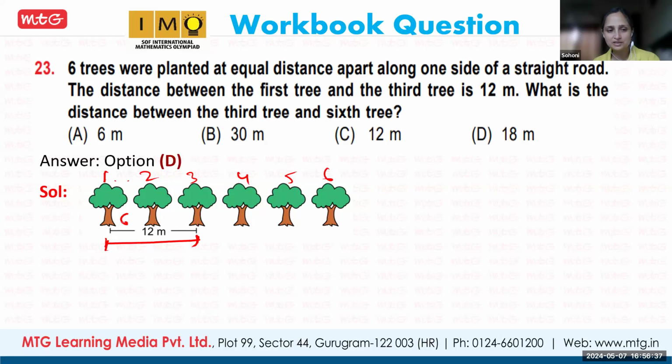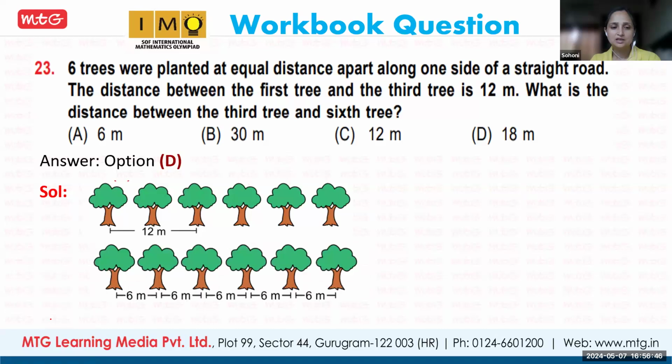That means this part is 6 meter and this part is 6 meter, because if the total between first and third is 12, each is 6 meter distance. And it's given that all are at the same distance, so all are in the gap of 6 meters.